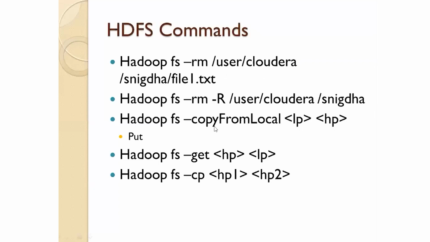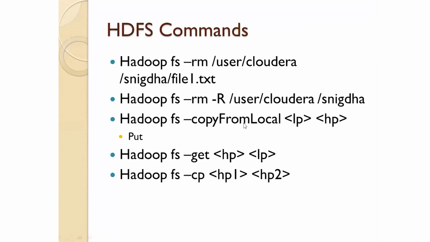What if you have some files on your local Linux machine and you want to copy the file from local to HDFS? Then you can use hadoop fs -copyFromLocal. This is the keyword, and then you give the local path where the file is present and the HDFS path where you want to copy the file.